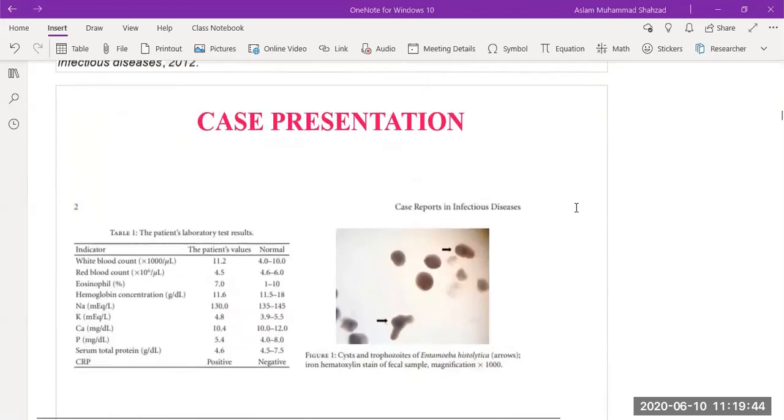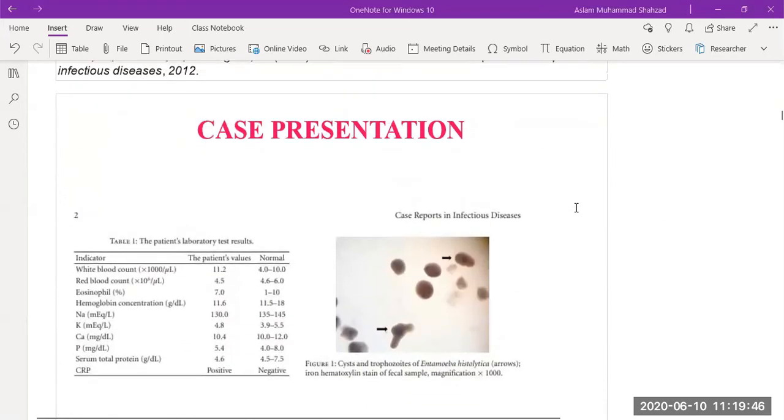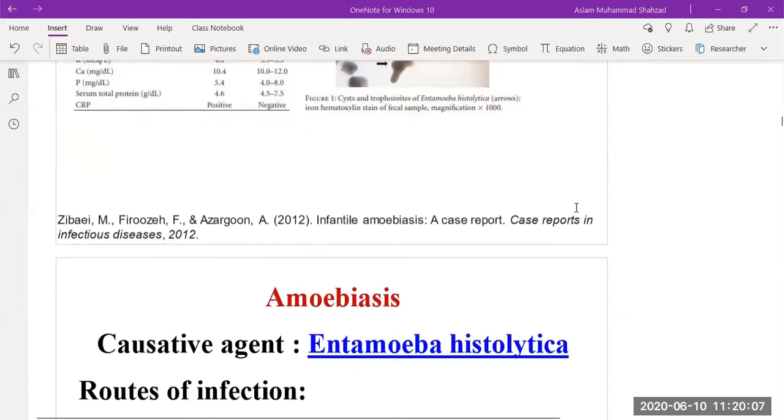So this is the case presentation, and the figure shows you the presence of cysts and trophozoites of Entamoeba histolytica, which is the causative organism. The table gives you information about the eosinophils, hemoglobin concentration, and CRP, which is usually positive in patients like this. So it is another good marker for identification.